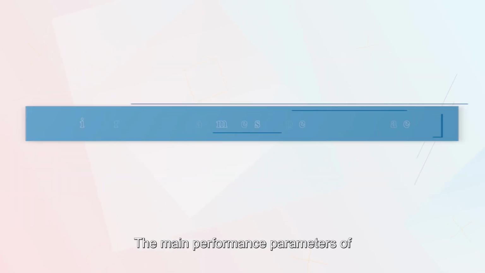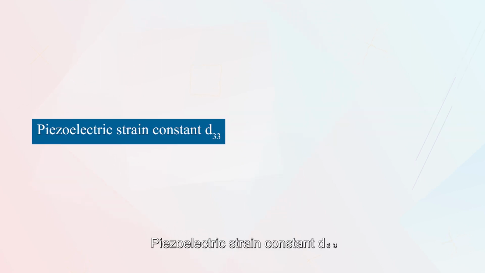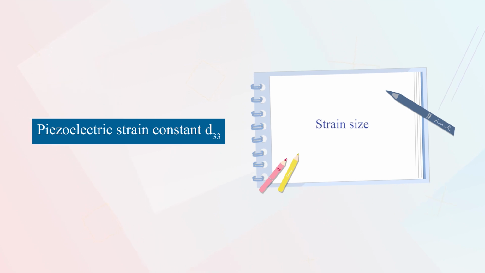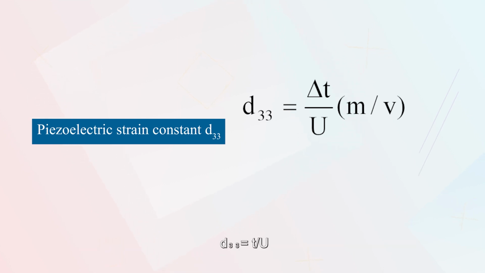The main performance parameters of piezoelectric materials are as follows. 1. Piezoelectric strain constant d33. The piezoelectric strain constant represents the size of the strain generated when a unit voltage is applied to the piezoelectric crystal, that is, d33 equals Δt/U.